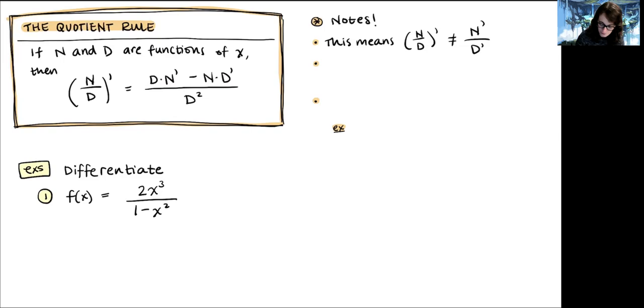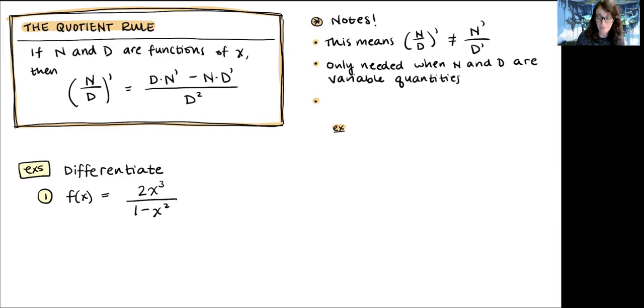The second note is that this is only needed when the numerator n and the denominator d are variable quantities. So again, that means when there are variables in the numerator and the denominator, like x's, not constants.